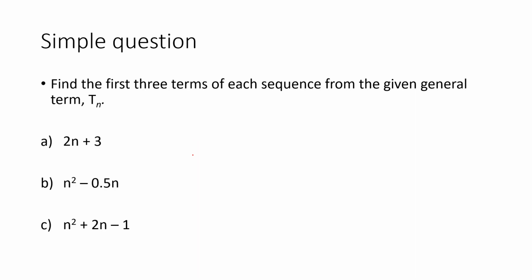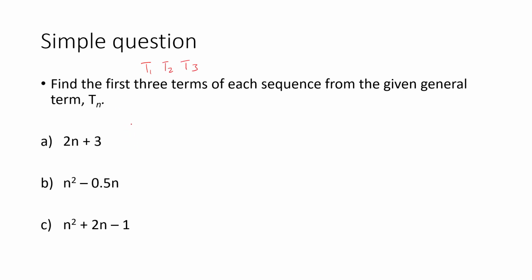So, a simple question. Find the first three terms of each sequence from the given general term. So A is something that we are familiar with. If we want to find the first three terms, that is T1, T2, and T3 for all.